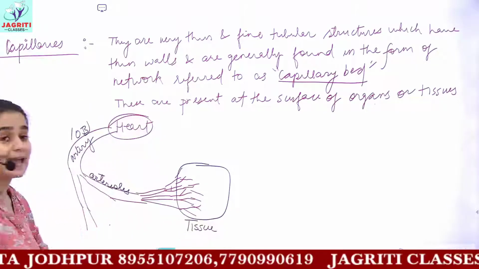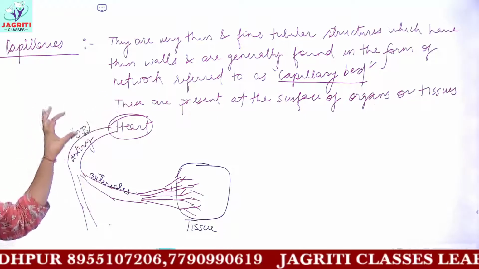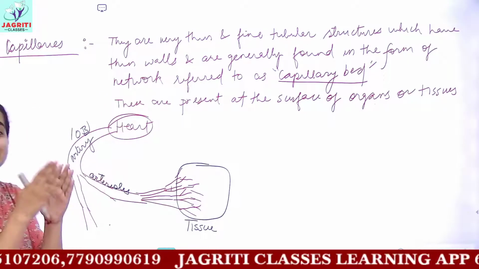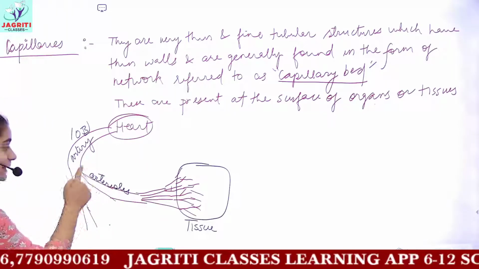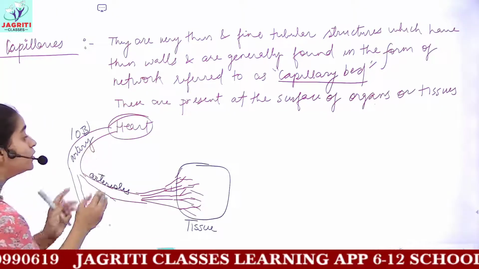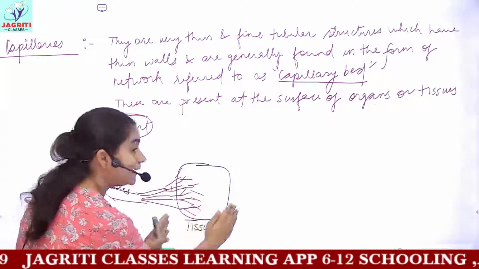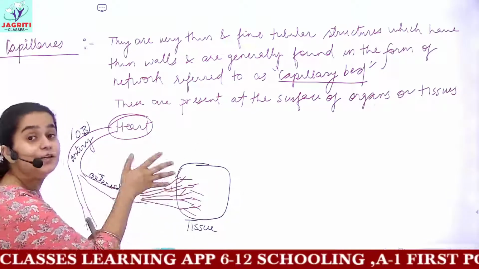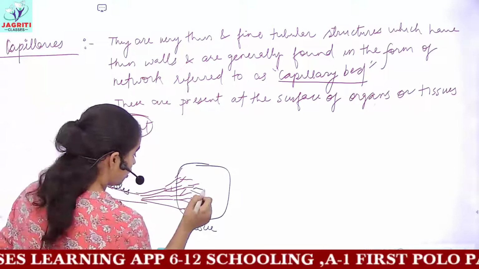So the artery carrying oxygenated blood away from the heart gets divided into thinner blood vessels known as arterioles, and when these enter a certain tissue, they form a very fine network of thread-like tubular structures which are called capillaries.